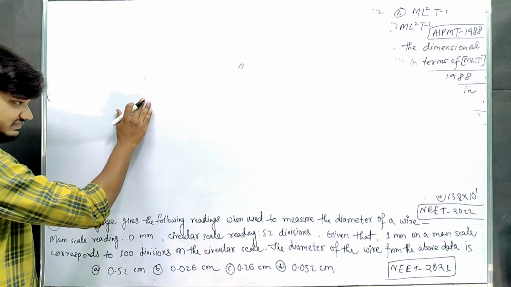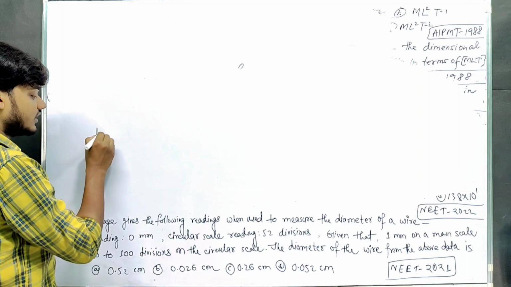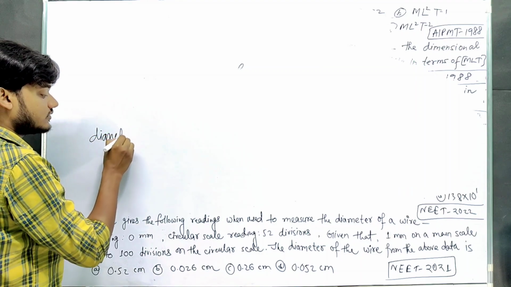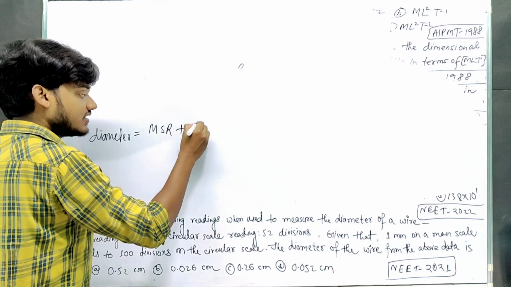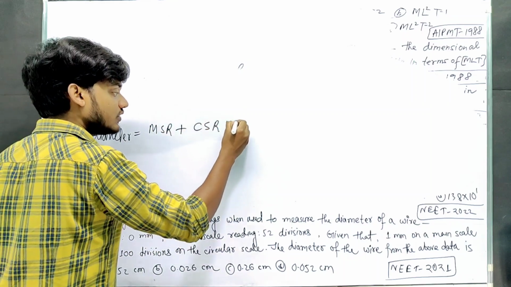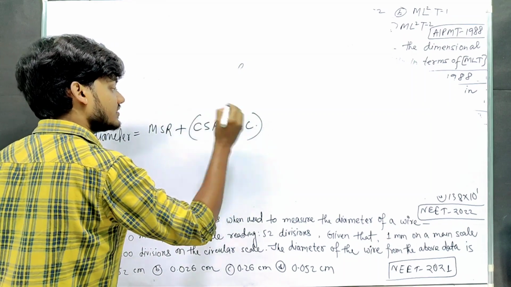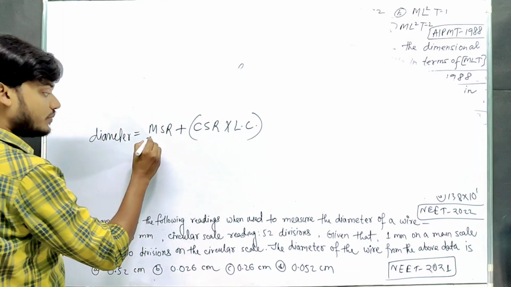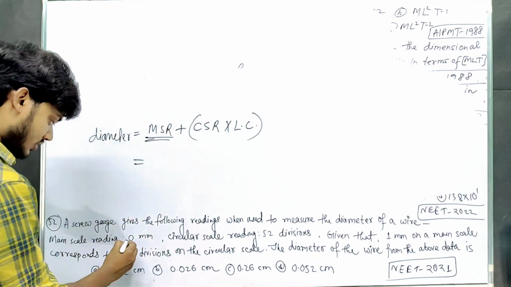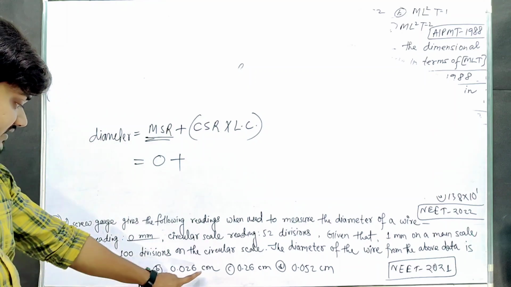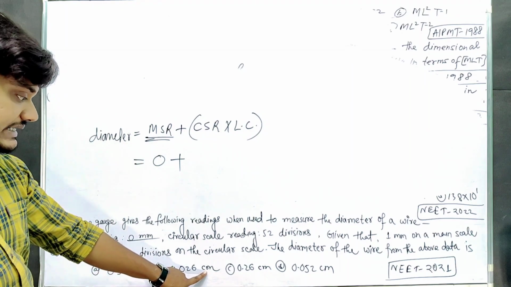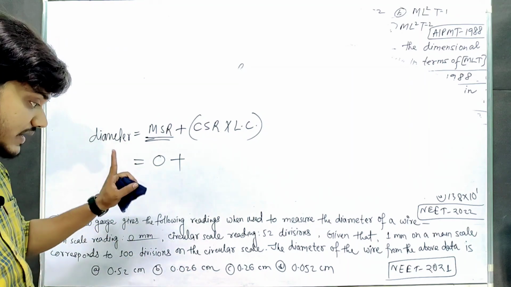We know the diameter formula: diameter equals main scale reading plus circular scale reading into least count. We know the main scale reading is 0, but the answer is in cm, so we have to write in cm. This is 0, so it doesn't matter.